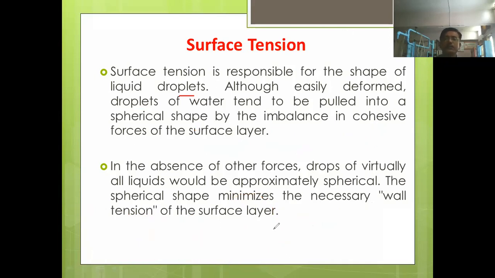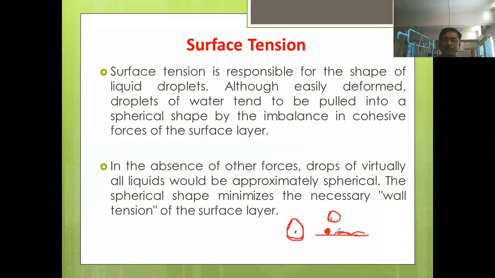But sometimes, as I have told you, because of the gravitational force, it is not exactly spherical in shape. It will be bulged down like this. Or if you put the liquid droplet on any surface, it will not remain spherical in shape. Its shape will get distorted like this.